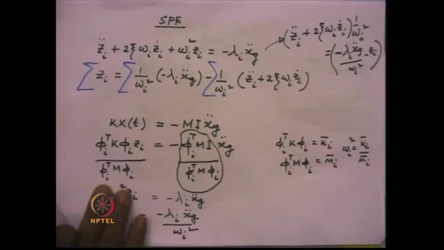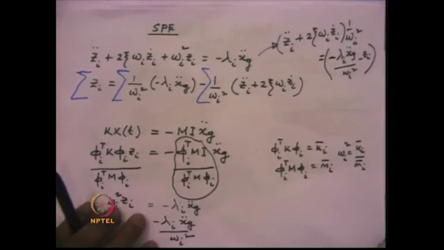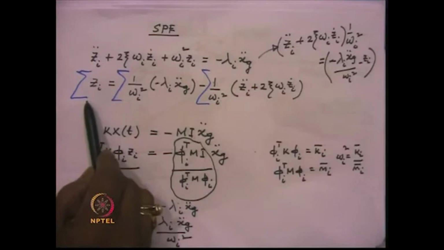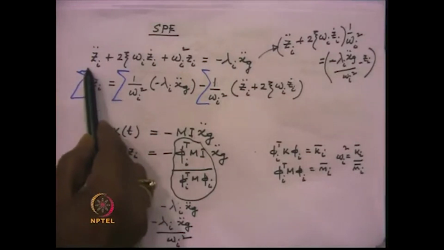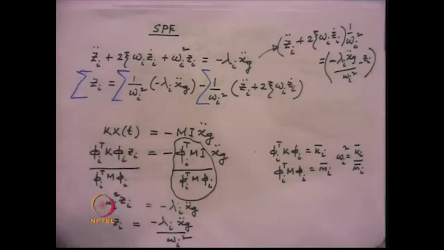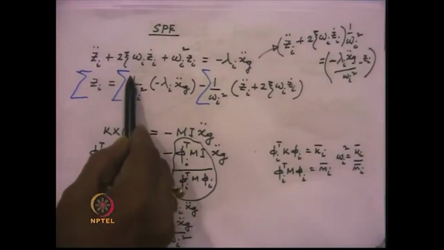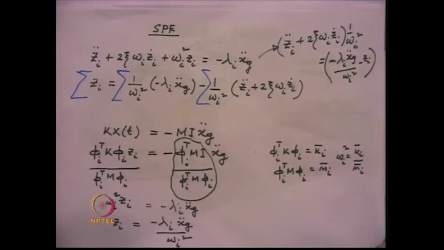Now, here what we do is that we do not take the contribution from all modes, but we take the contribution for, say, the first m modes. So this summation is done for m modes only, and this summation is also done for the m modes.